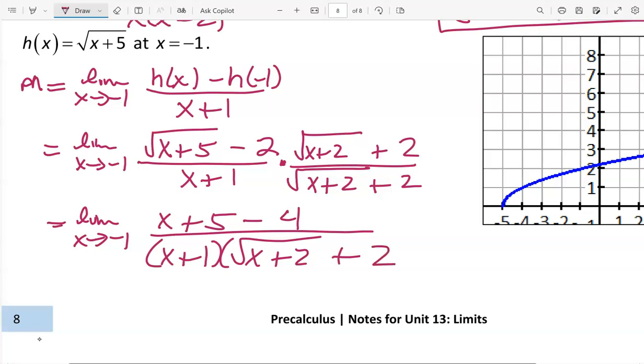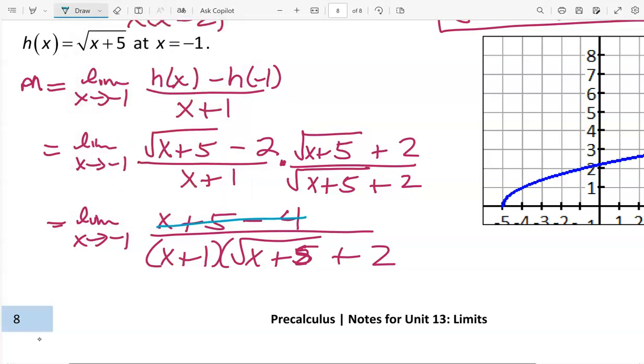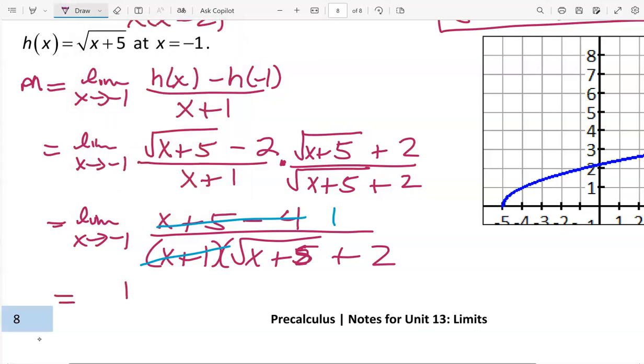I've miscopied a 5 as a 2, I believe. And what we'll notice is that our numerator, x plus 5 minus 4, is the same as x plus 1, so we can cancel common factors, and now replace x with negative 1, and that will give us 1 over the square root of negative 1 plus 5 plus 2, which is 1 over 2 plus 2, or 1/4.